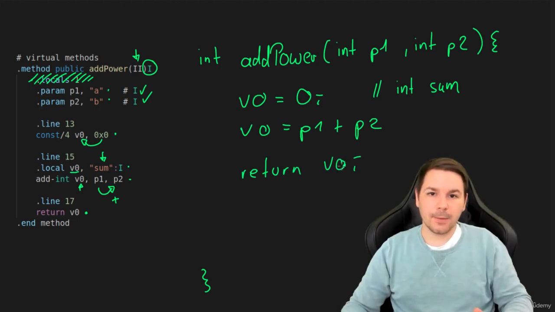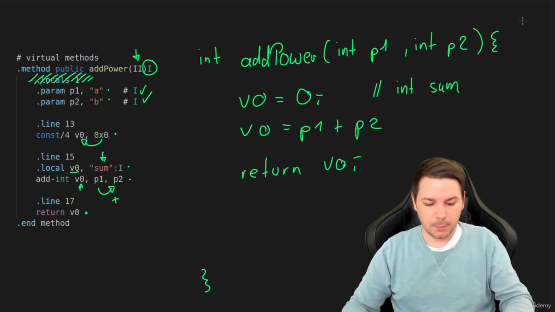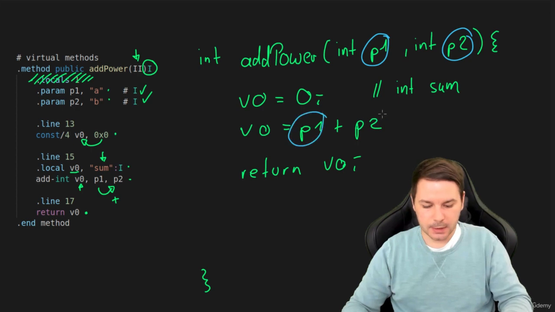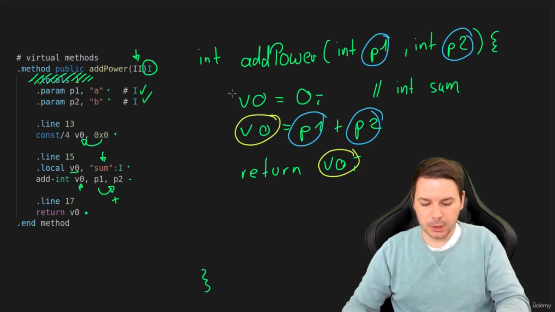Okay. And this is the way I like to do this, because by looking into this code, we do not have to substitute those registers with the labels or things like this. We can directly see, okay, we've got our P1, for example, over here. We've got a P2 over here. These two get added. This means we've got a new value here in this register, and this will afterwards be returned. And here we initialize this register.